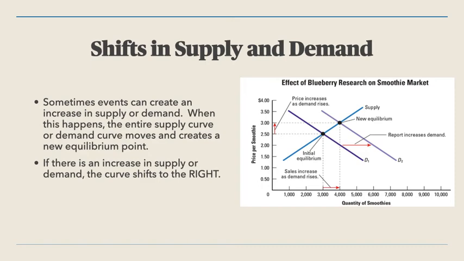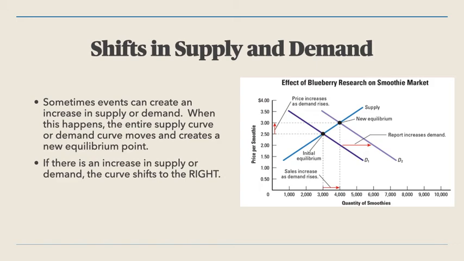All of a sudden, people are lining out the door to buy blueberry smoothies. So the whole line for demand is going to shift to the right, just like we see in this graph. So sort of the pale purple line is now the new demand line.